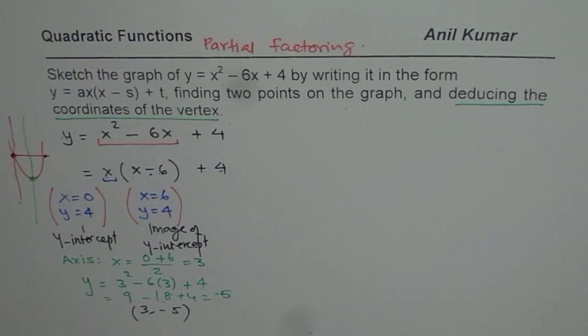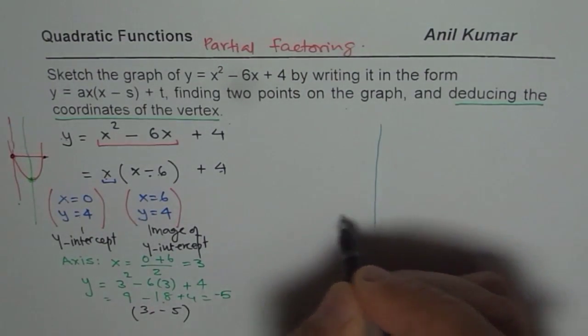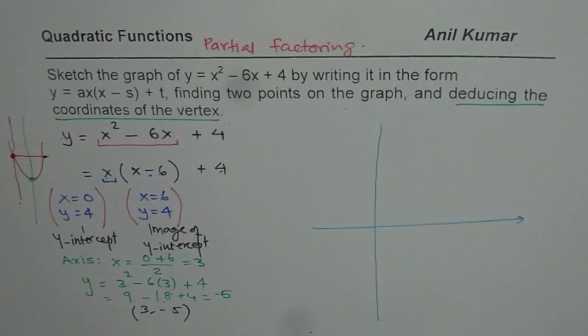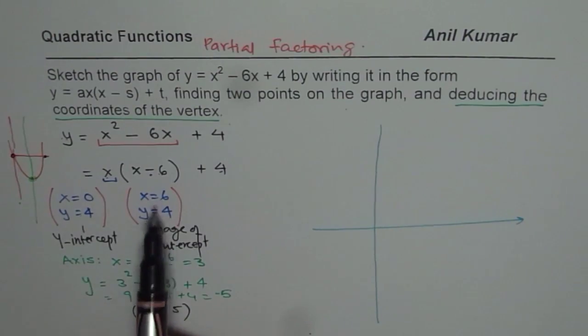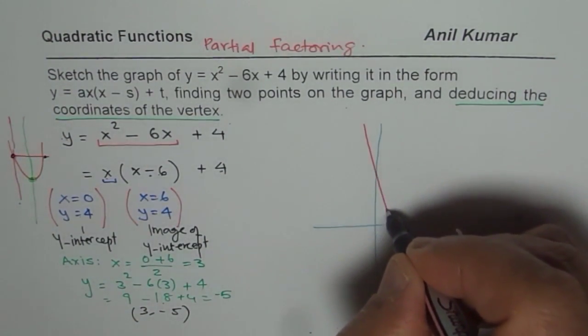So let's do it. So we have a parabola, and okay, so that is my x-axis. What we got here is minus 5 is my vertex at 3, and the 2 image points which we found were the y-intercept at 4 and x equals 6. So I prefer to just sketch, right?